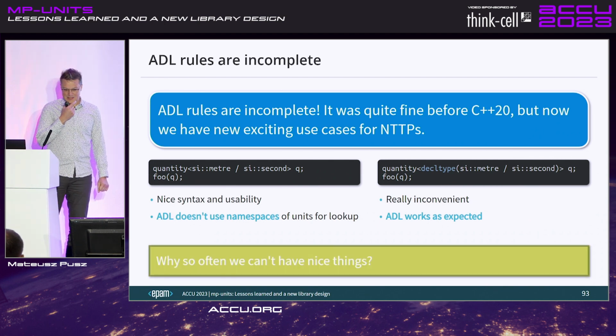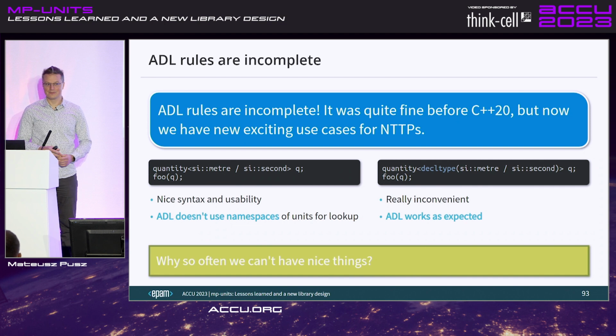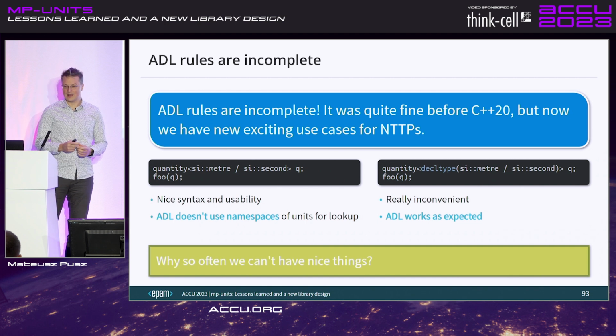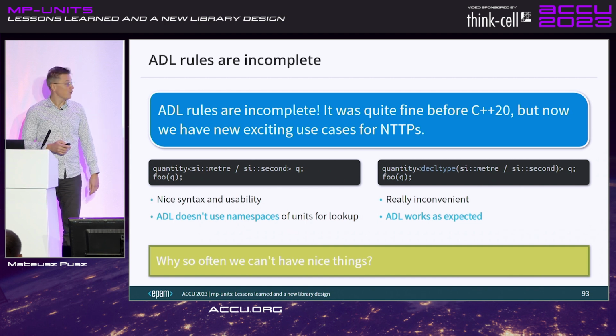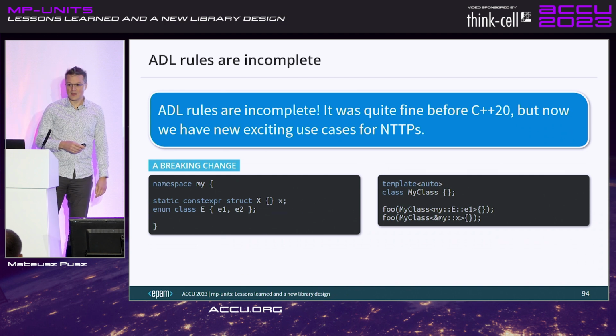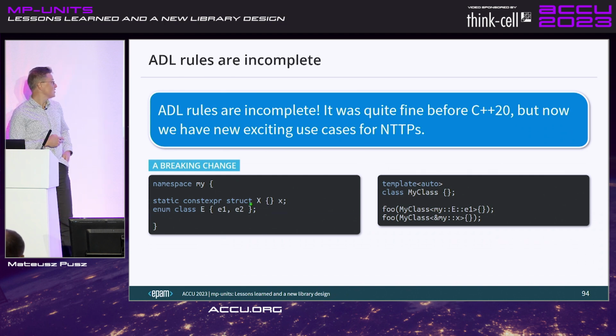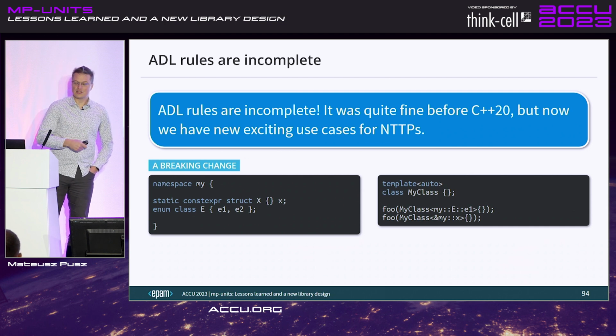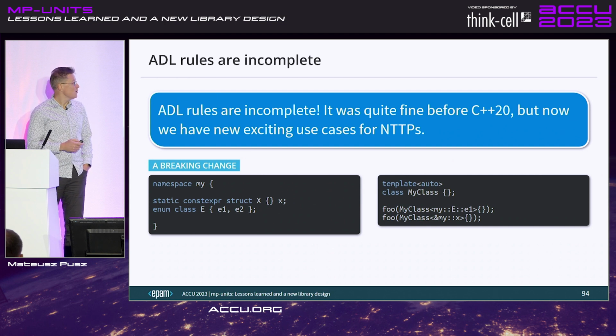C++ is the language where we often cannot have nice things, right? We cannot have those things, at least I think so. I will try, but, well, it's a breaking change. Even before C++20, if you had a structure X in some namespace my and an enumerator in the namespace my, calling function foo with my enumerator value or my pointer to X, which was valid before C++20, may change the function being found for those cases, if you provided this rule in the standard.